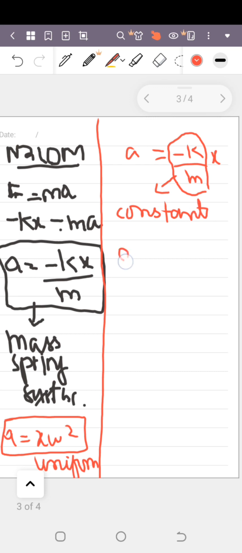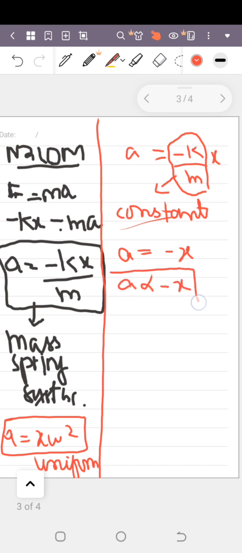However, here acceleration is equal to minus a constant times x, and as I told you, whenever we remove the equal sign and the constant, we put the proportionality sign. So acceleration is directly proportional to minus x.